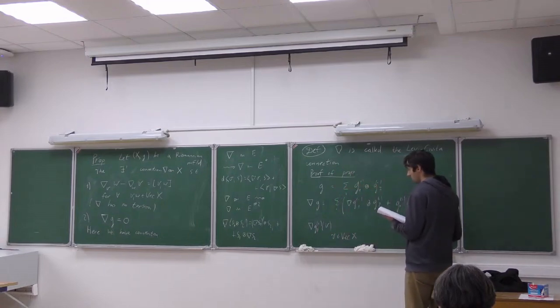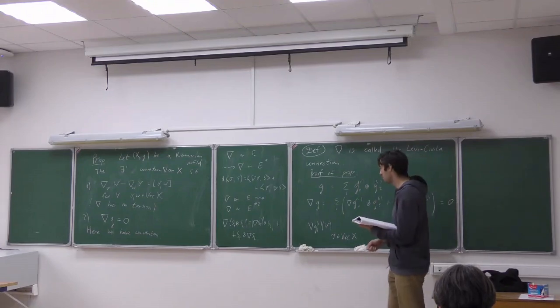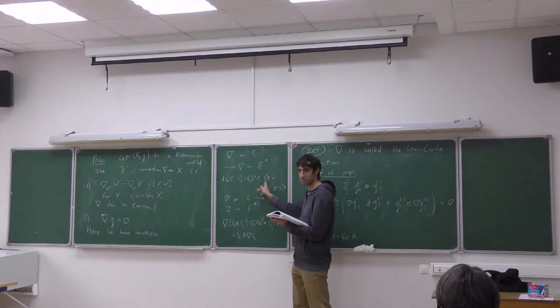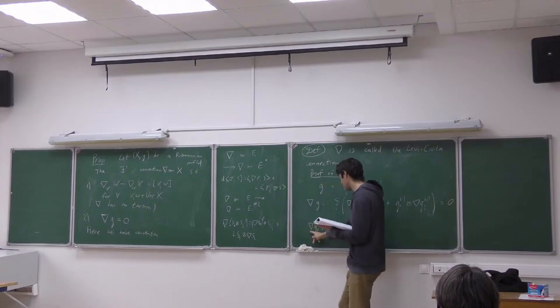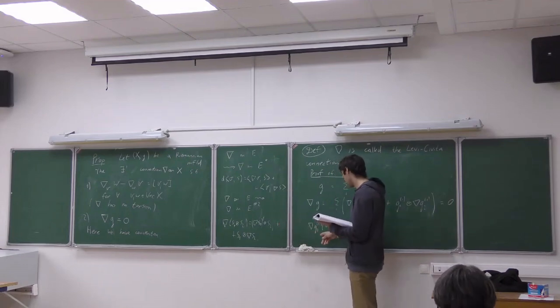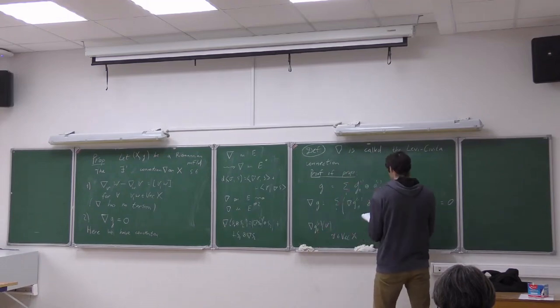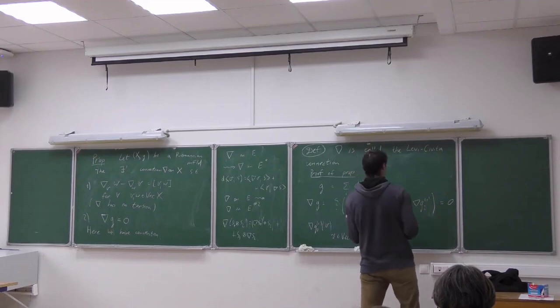What does it mean to apply? Which component should I apply it to? The one which corresponds to this. One component comes out when I apply nabla, which is the additional one, and the other one was already here in G1I. Okay, this is not clear. Let me explain it better.